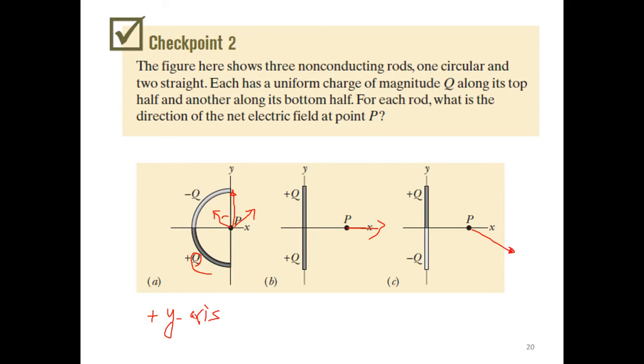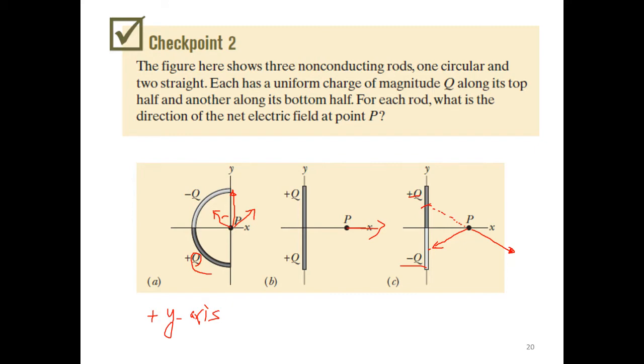Actually, if you just extend this line, it will intersect with the middle point of this rod. But this is not very important. And actually, you only need to know that the E field generated by the upper part should point to the bottom right direction. And for the lower part, it should point to the bottom left, pointing to this point, because this is negative charge, this is positive charge.